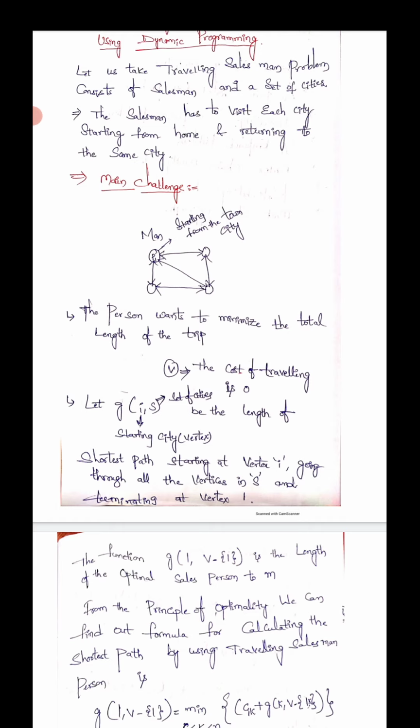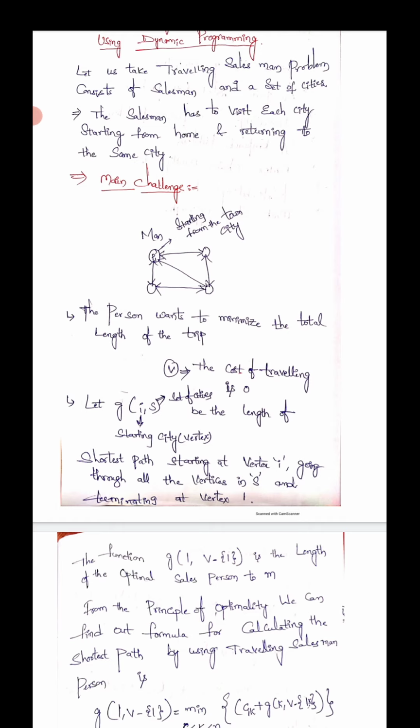The traveling salesperson wants to minimize the total length of the trip: the length of the shortest path starting at vertex i, going through all the vertices in the set S and terminating at vertex 1.